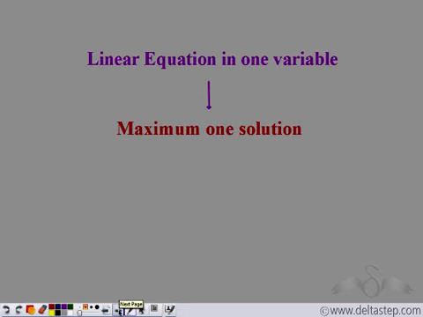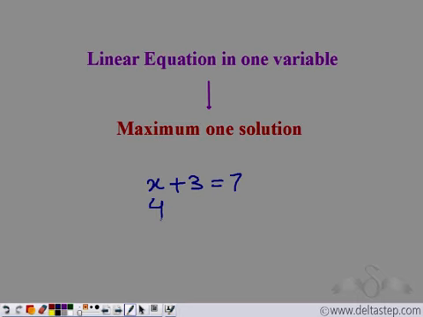So a linear equation in one variable has just one solution. If you look at this, x plus 3 is equal to 7. So what added to 3 gives you 7? We have seen it is 4. So 4 when added to 3 gives you 7. Now can you think of any other value?